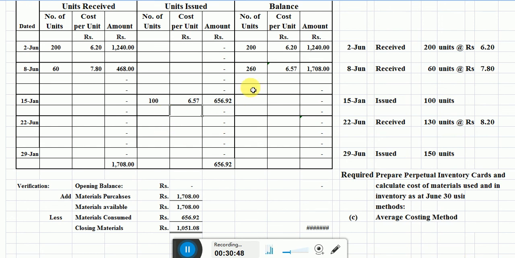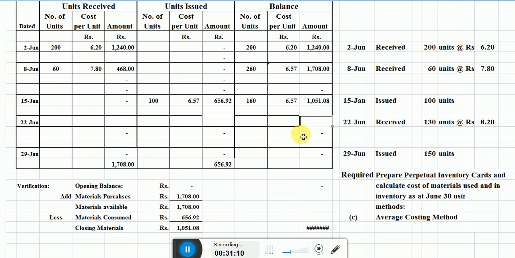Now students, the remaining balance is 160 units here. The rate is here again. Student, this is the average cost method.